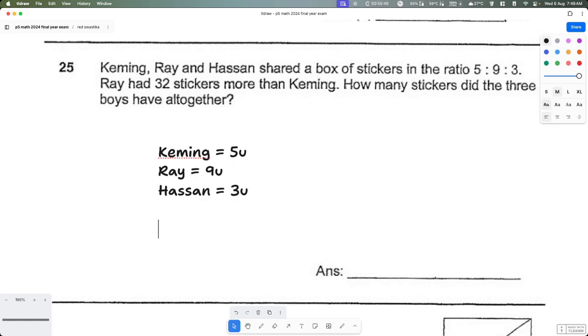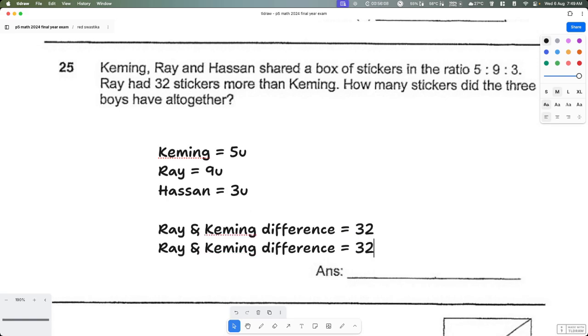So Ray had 32 stickers more. So the difference between Ray and Kaming is 32 stickers, right? And then I'm gonna copy this. Oops, why is it not copied in units?